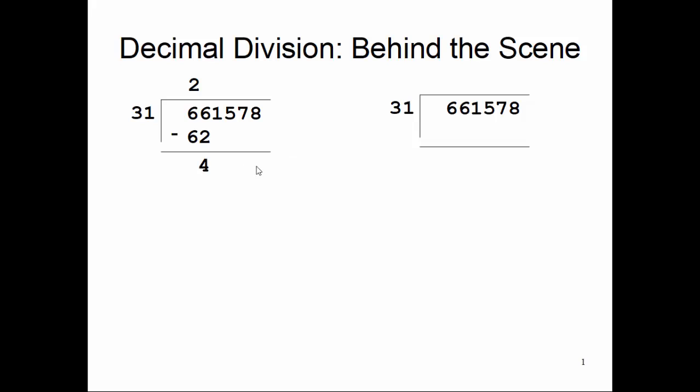Now, what we are actually doing behind the scene, we are not really multiplying 2 with 31, but we are multiplying 20,000 with 31, which gives us 62,000 as a multiplication result, and we subtract, and my subtraction result becomes 41,587.